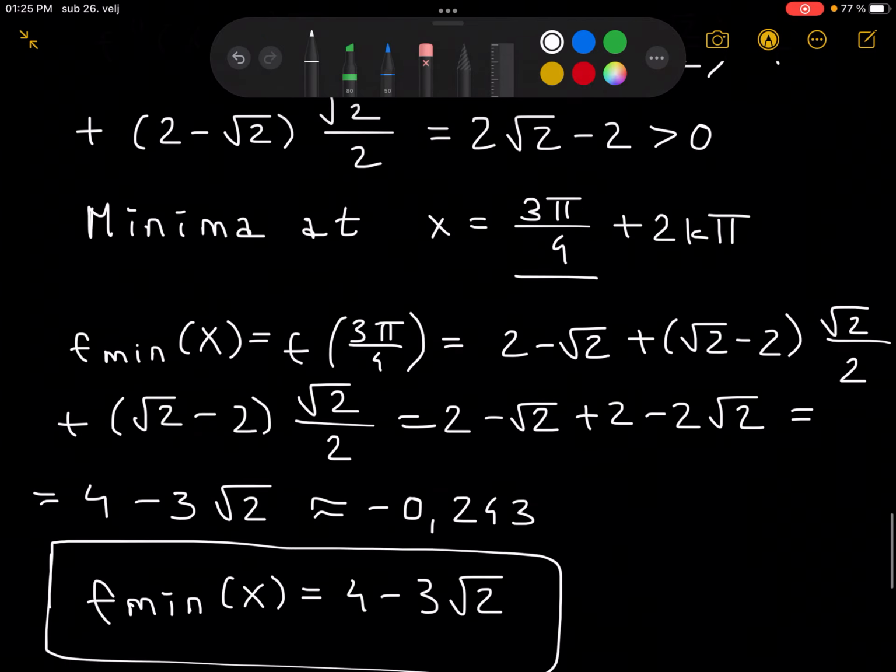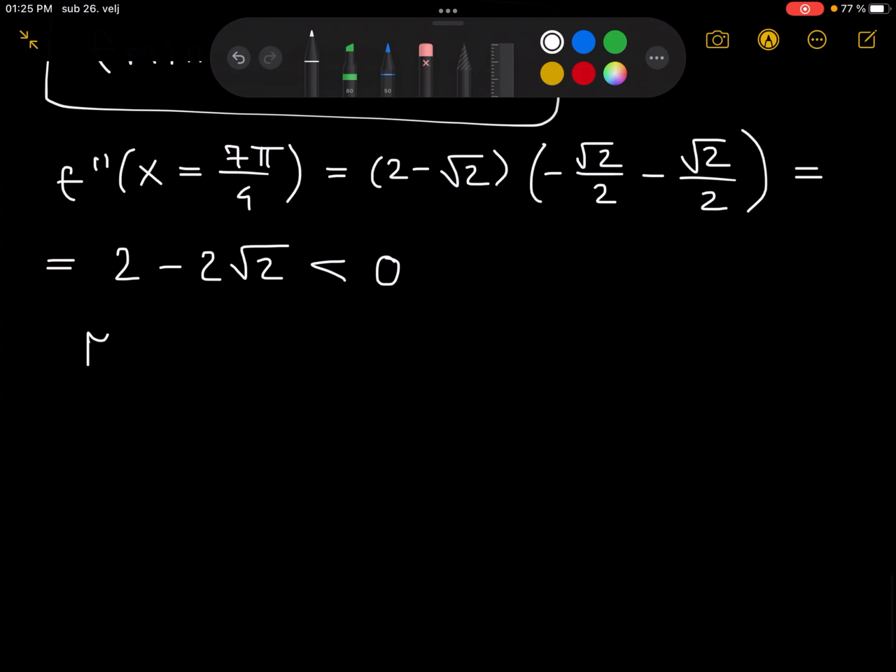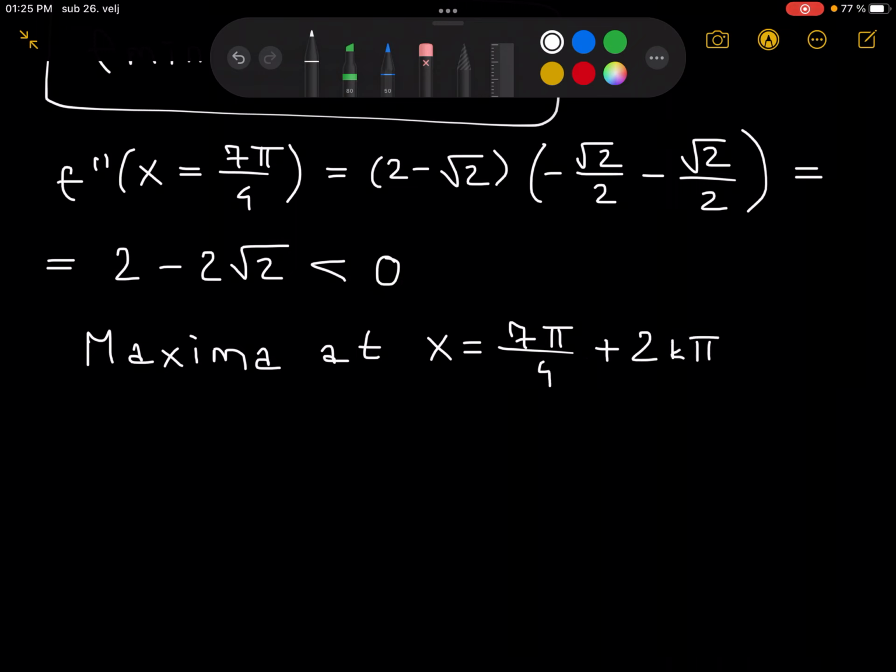So that means that the function has maxima, that's plural of maximum, at x is equal to 7 pi over 4 plus 2k pi. And yet again, k is an integer.